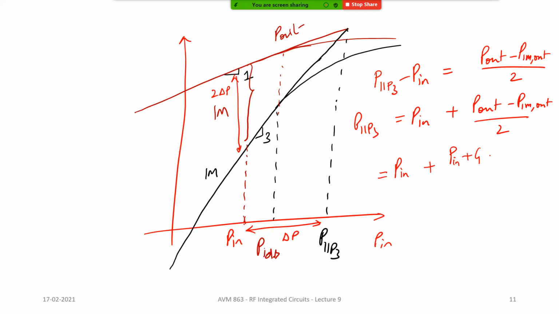And PIM out can be written as minus PIM in plus G divided by 2, where G is the gain. Now obviously the G's will cancel and you will be left with what? 3 times P in, sorry, minus PIM in divided by 2, right?